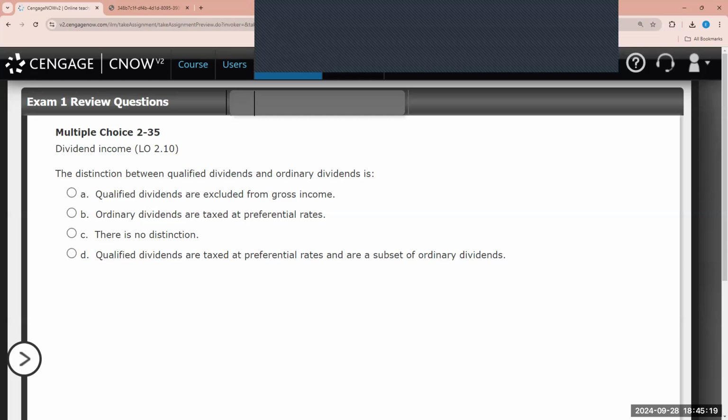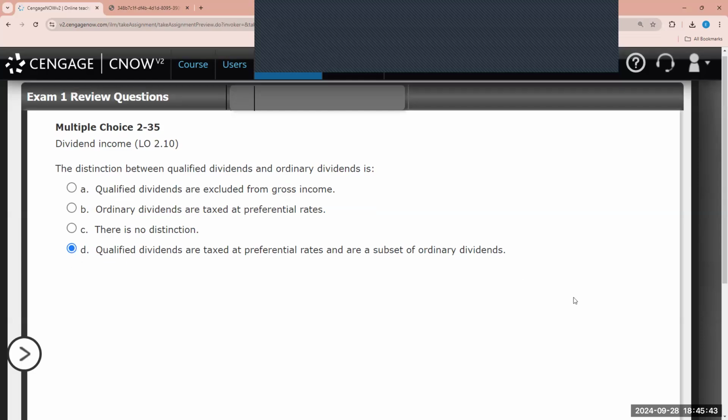Ordinary dividends are taxed at ordinary tax rates versus qualified dividends, which are taxed at a preferential tax rate. That's one of the benefits of qualifying dividends. So the correct answer is that qualified dividends are taxed at a preferential rate and are a subset of ordinary dividends.